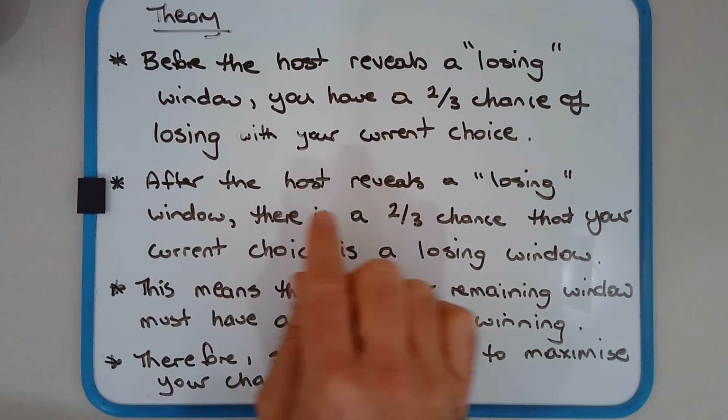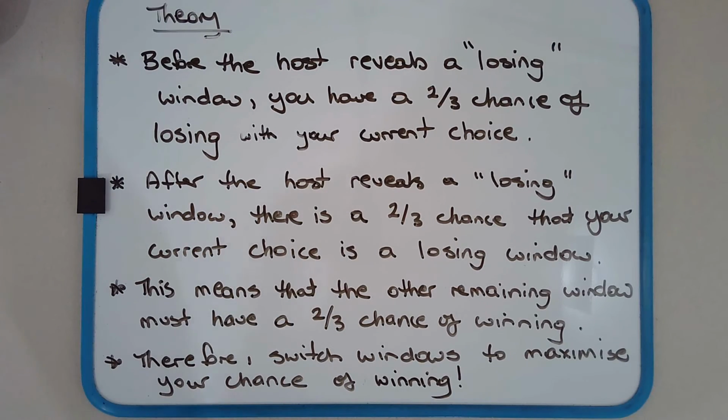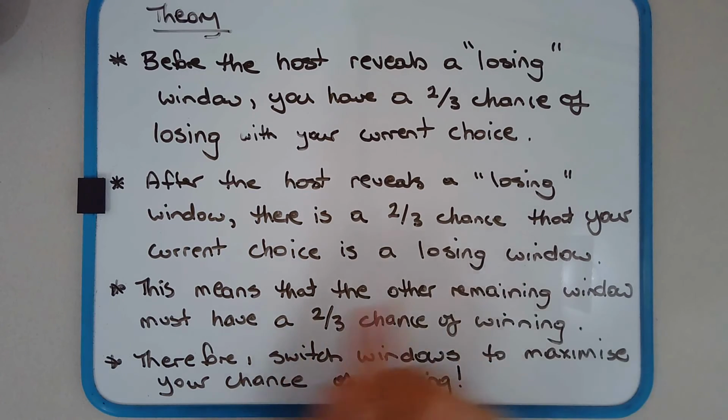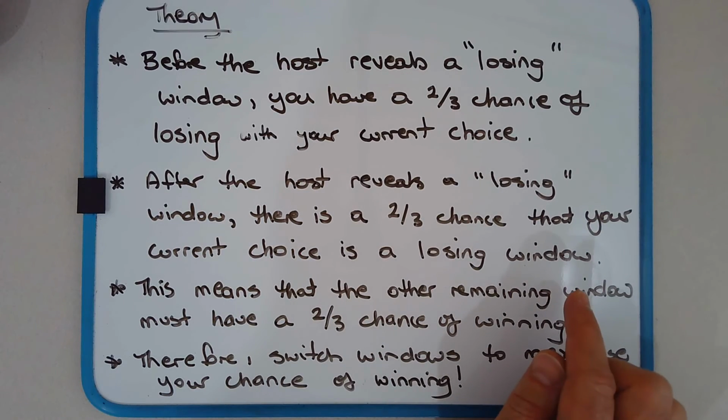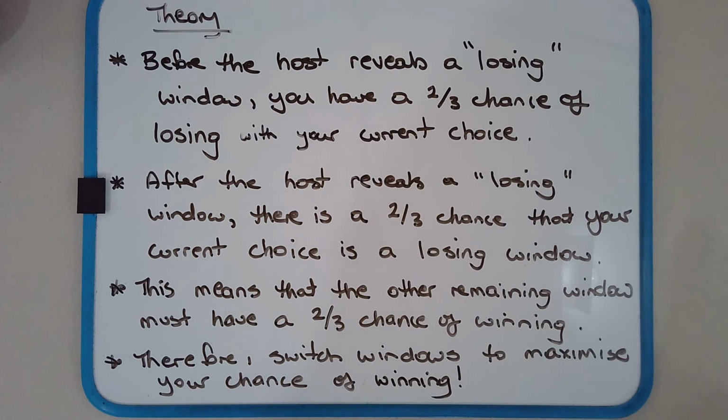Now, after the host reveals a losing window, remember our assumption: the host deliberately revealed a losing window because the host knows what is behind the windows. So there is still a 2/3 chance that your current choice is a losing window. That hasn't changed.